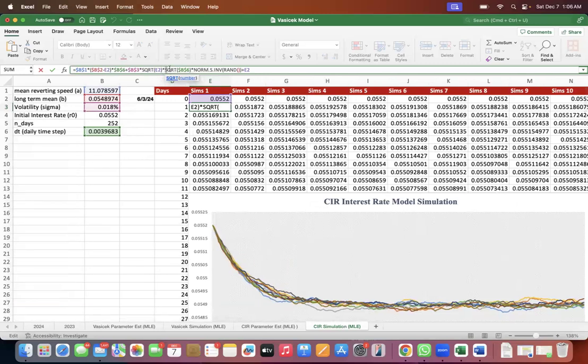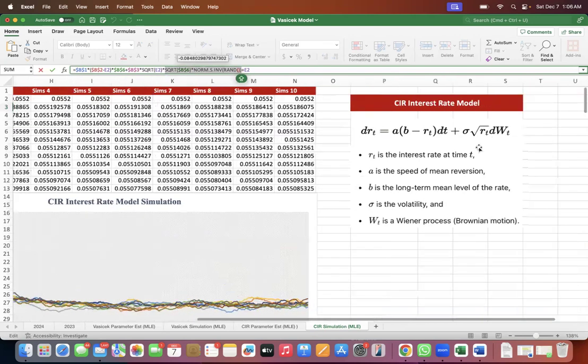It is the square root of time multiplied by a random number generated using the standard normal distribution. That's how you generate the Brownian motion. This is a very standard formula for generating Brownian motion, which is the dWt term.